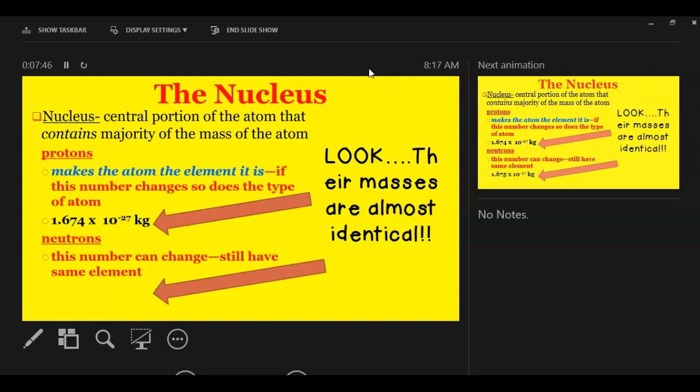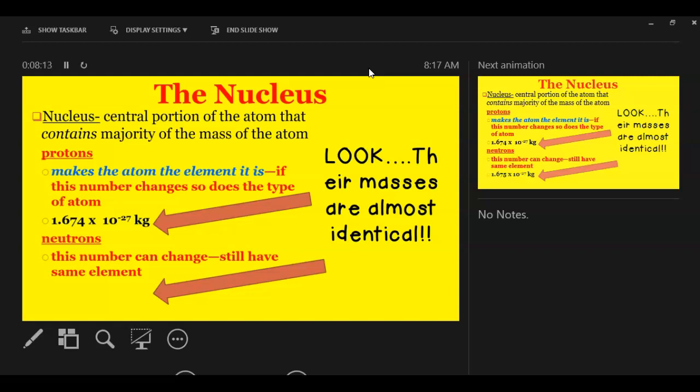The mass of a neutron is 1.675 times 10 to the negative 27th kilograms. So that just gives you an idea that the mass of a proton and the mass of a neutron are almost identical. Okay? Almost identical.